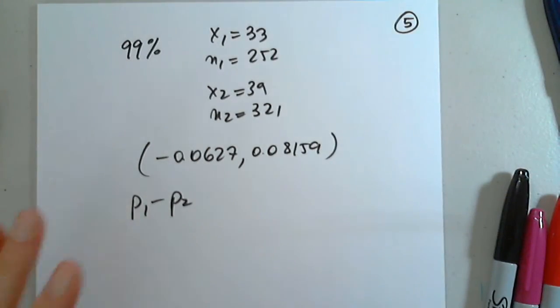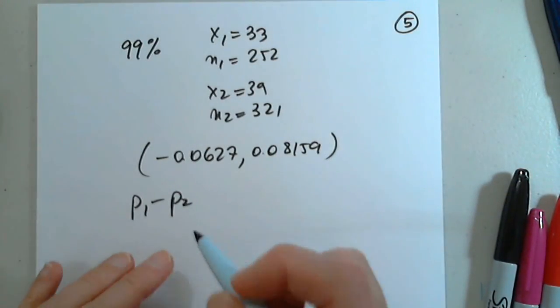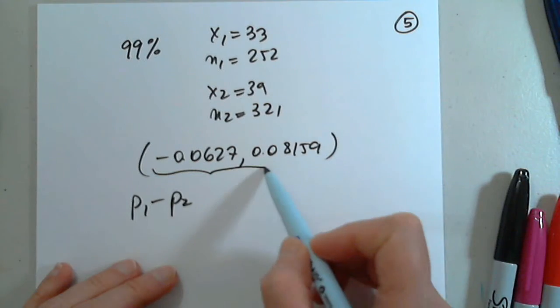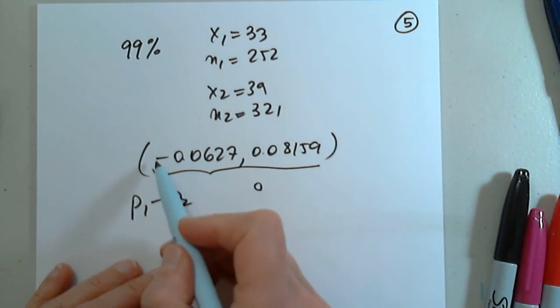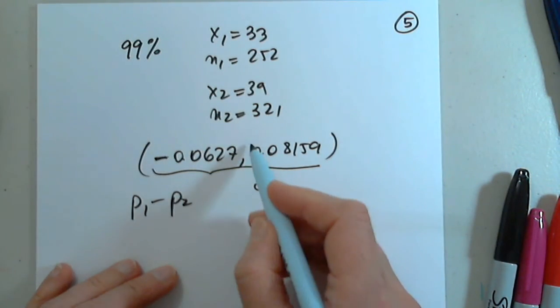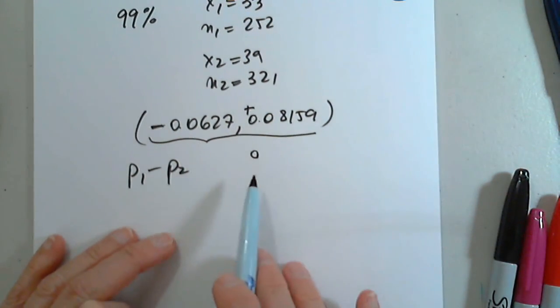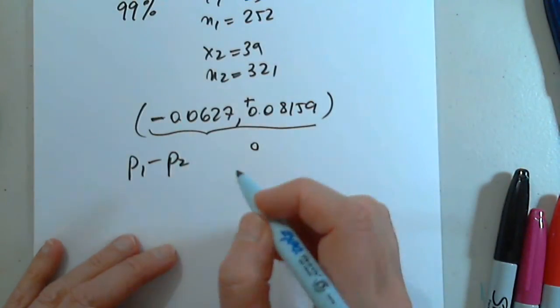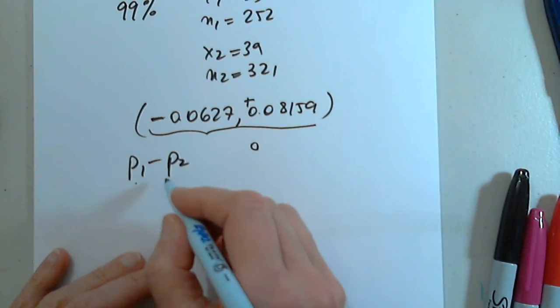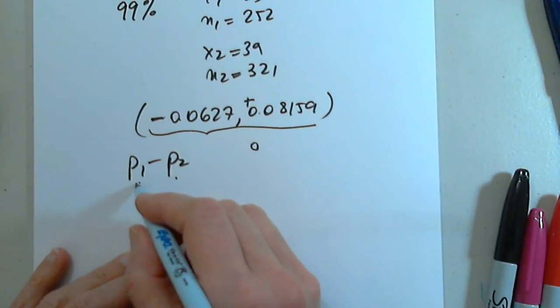So I want to explain something here very important. See, this interval contains 0 because it starts at a negative value and it goes to a positive value. It cannot jump over 0, right? So which means neither of these two is consistently higher.